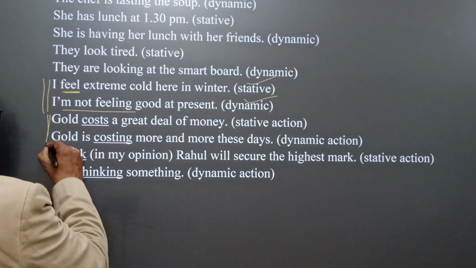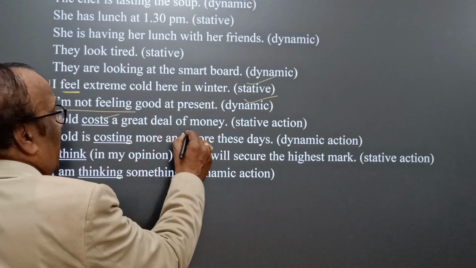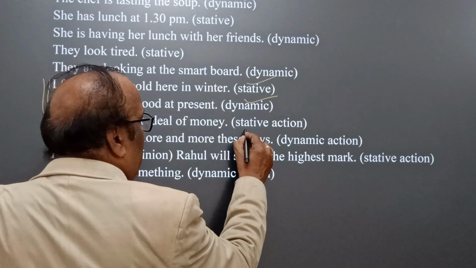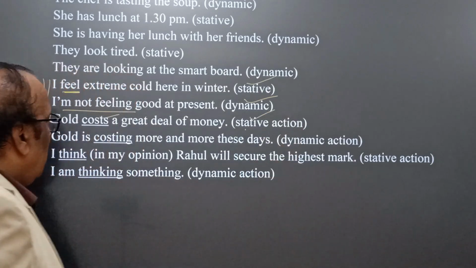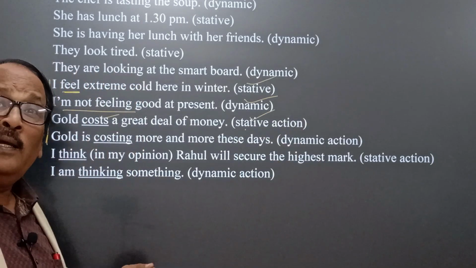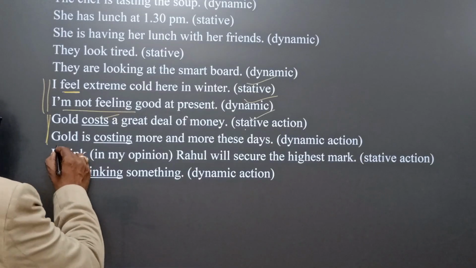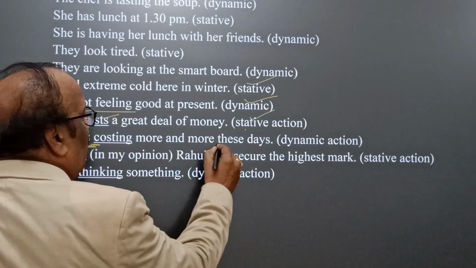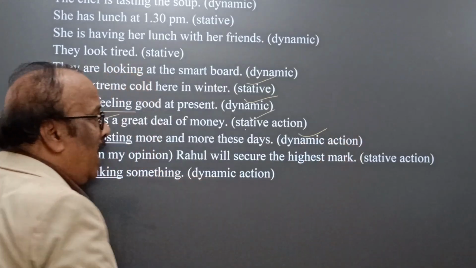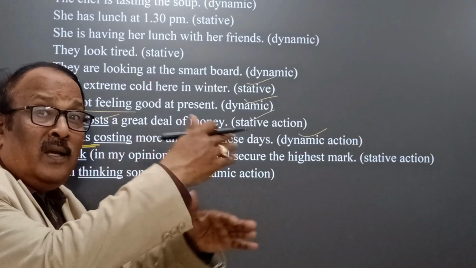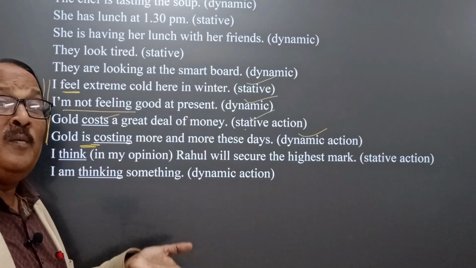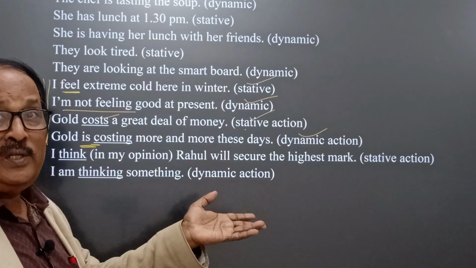The other idea, gold costs a great deal of money. This is stative action. It is because costs has been used in simple present. It is based on general truth. But here, gold is costing more and more these days. This is dynamic action expressing changing of price. These days means nowadays.